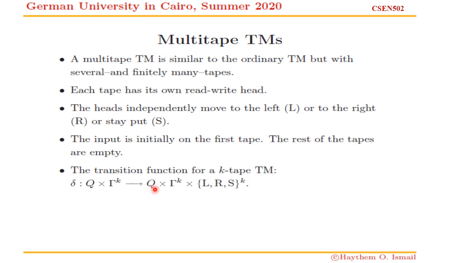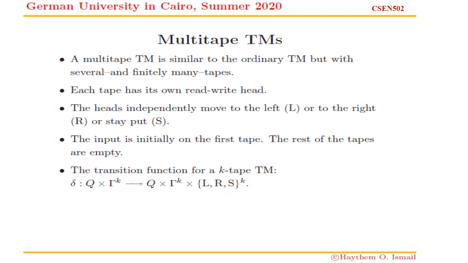And it gives us back the new state, and it also gives us K tape symbols. These are the symbols, in order, that each head will write on its own tape. And then it gives us K of those symbols, L or R or S: L for move left, R for move right, S for stay put. Basically, for each head, the transition function needs to tell us on that transition whether it will move to the left, to the right, or stay in place.